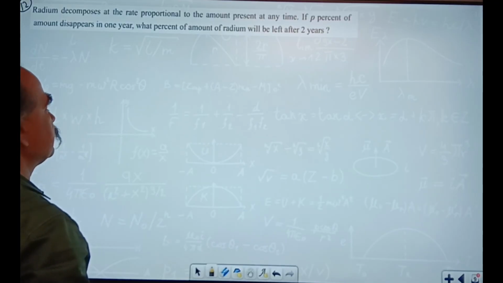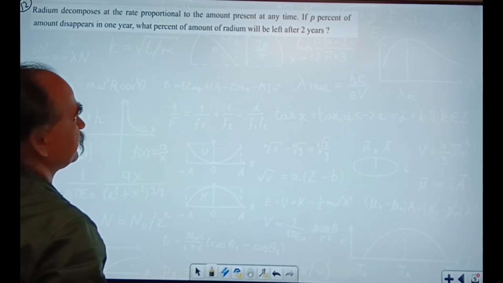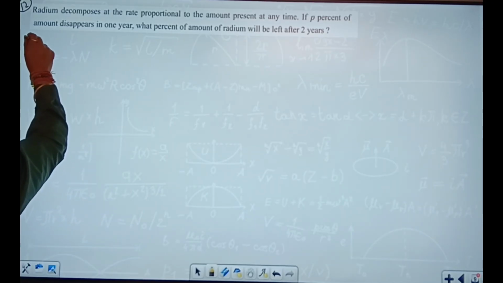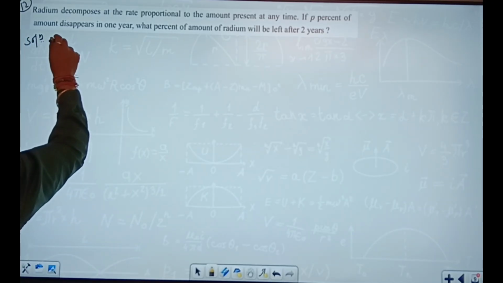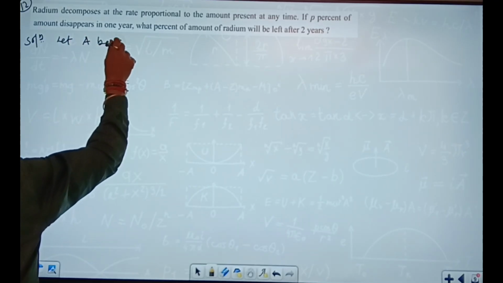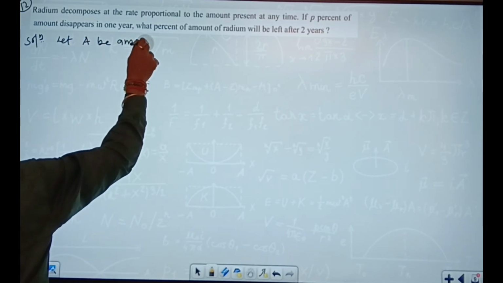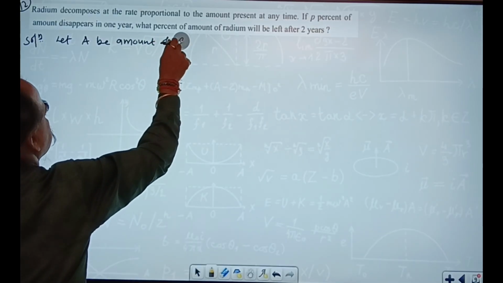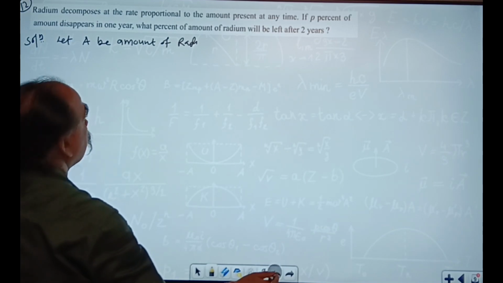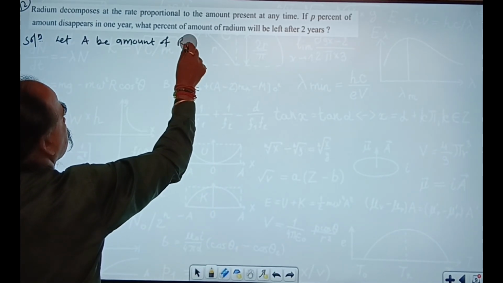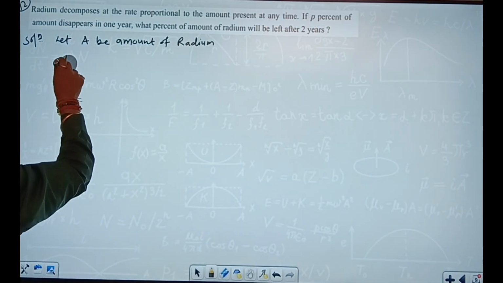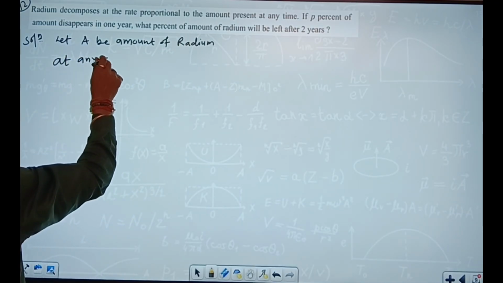Radium decomposes at a rate proportional to the amount present at any time t. Let A be the amount of radium at any time t.